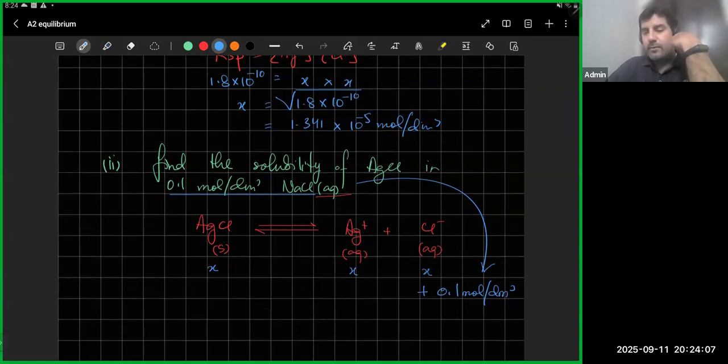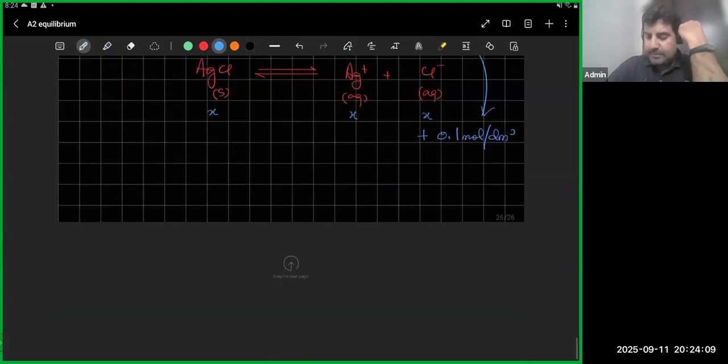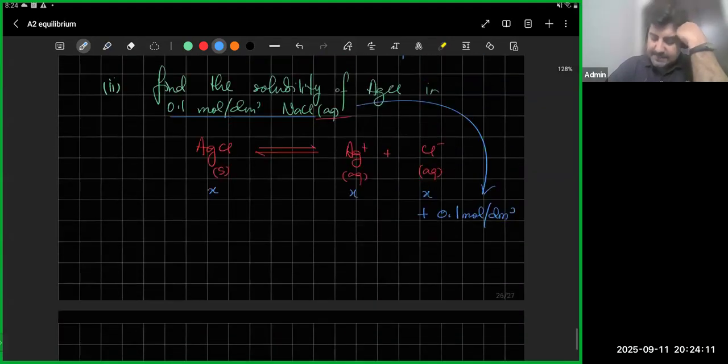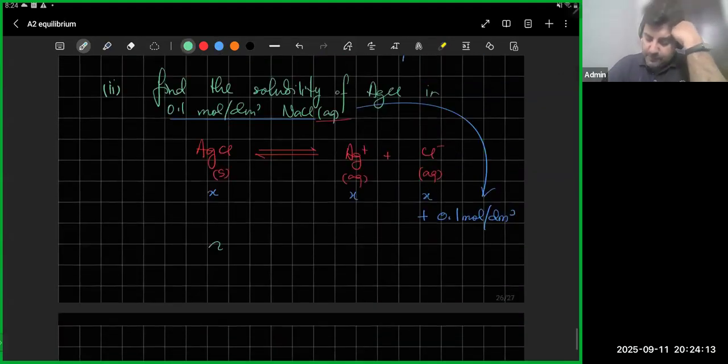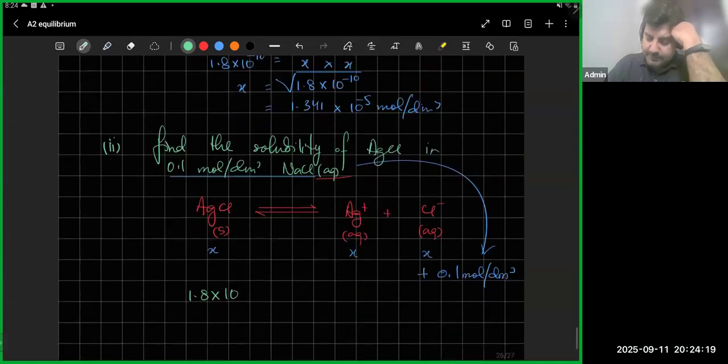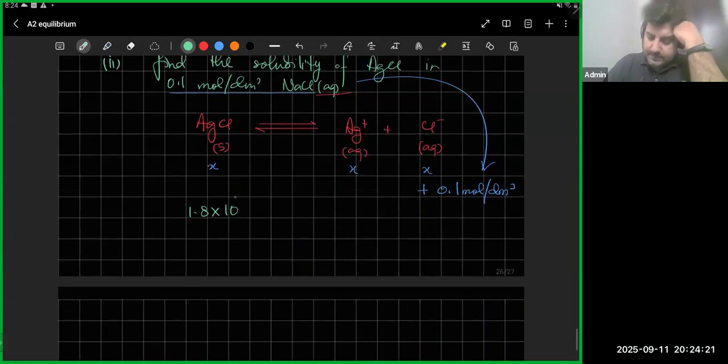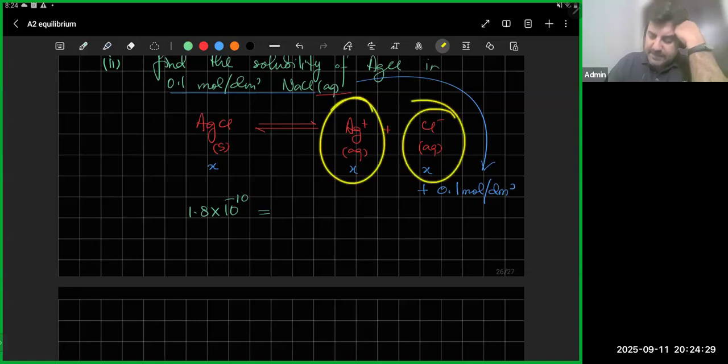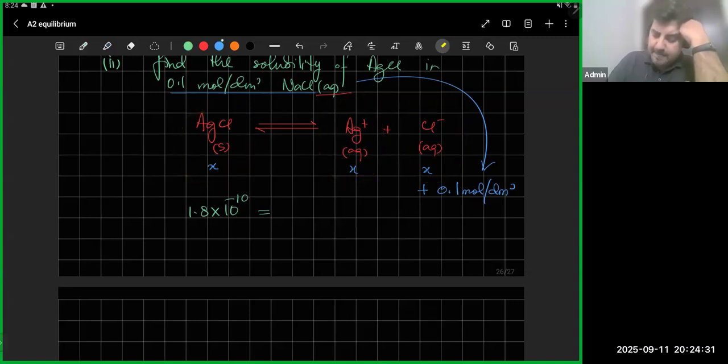Now, since it is the same equilibrium, I'm going to use the exact same expression, the exact same value. The value of KSP was what? It was 1.8 times 10 power minus 10, which we used in the previous question. And KSP would be the concentration of the products divided by the reactant. The reactant is a solid, so you don't use that.